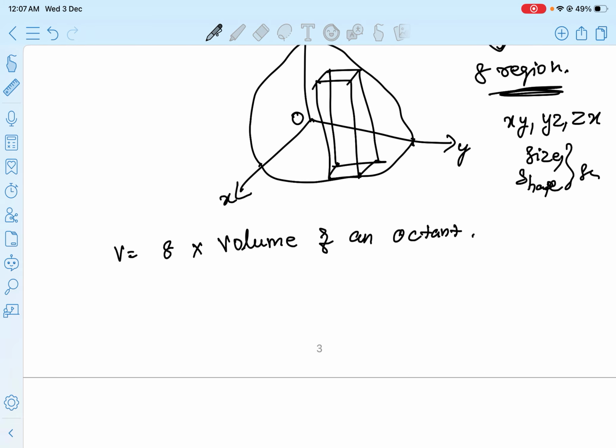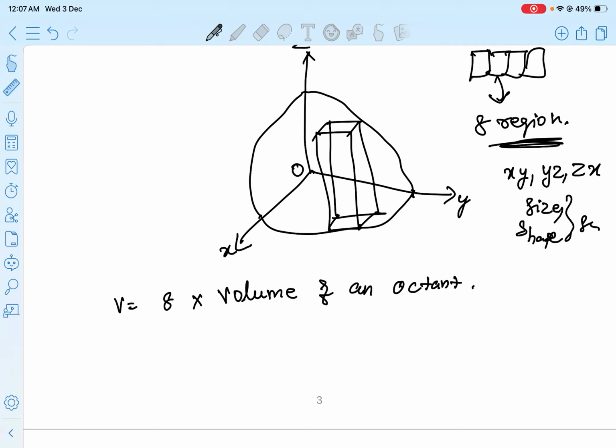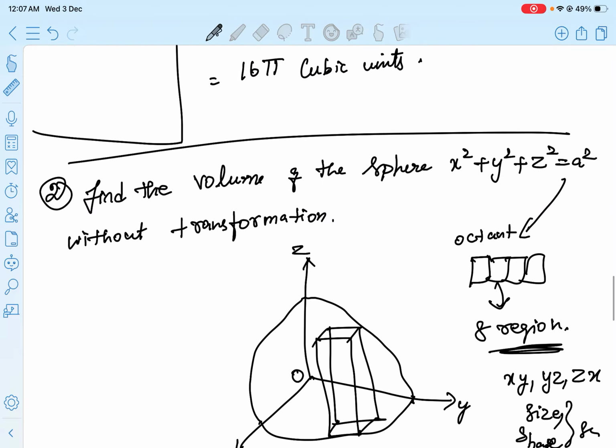Okay, so now let us find our z, y and x. First one, z equal to from 0 to z equal to, what is the sphere given? This one.